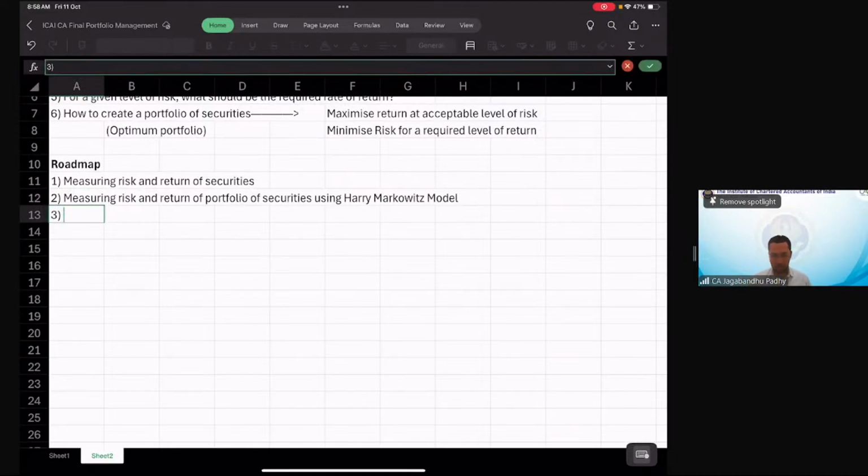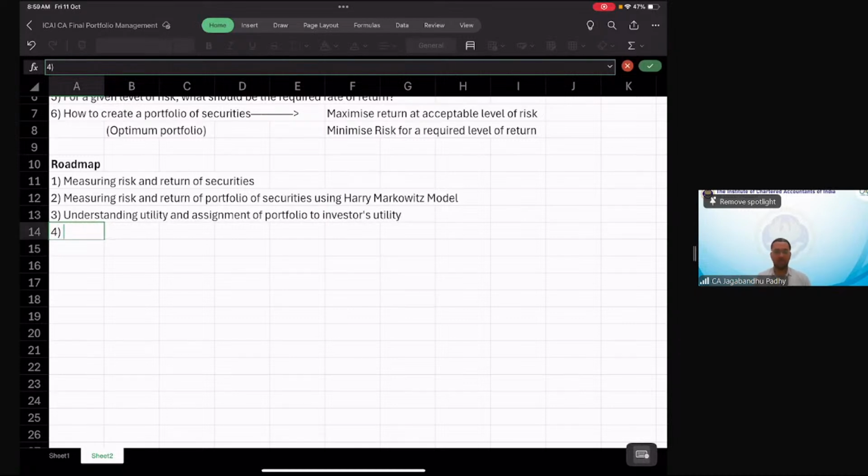Third is understanding utility and portfolio matching, and understanding the utility of an investor, understanding utility and allocation or assignment of portfolio to investors, or you can say to investors' utility.